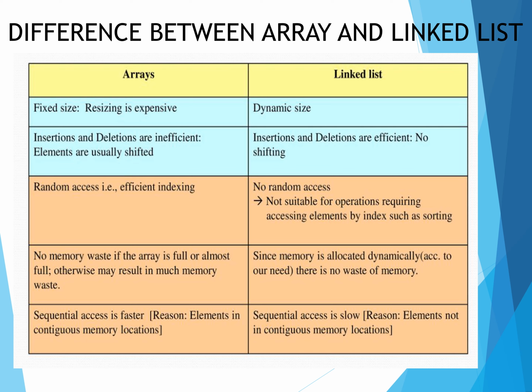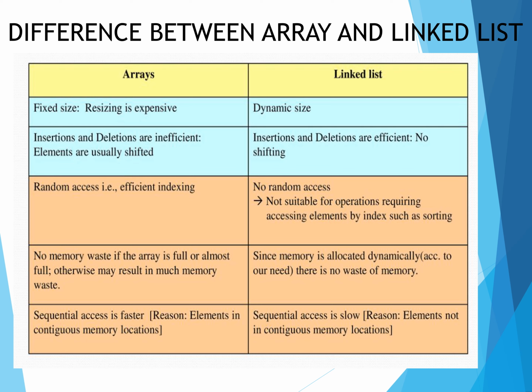The first one is fixed size. The big disadvantage of fixed size is that resizing is very expensive, and there is wastage of memory because of the fixed size in an array. In a linked list, we use a dynamic size while creating a new node. Dynamically, memory space is created, allocated and deallocated at runtime.